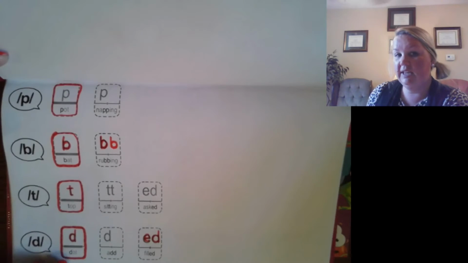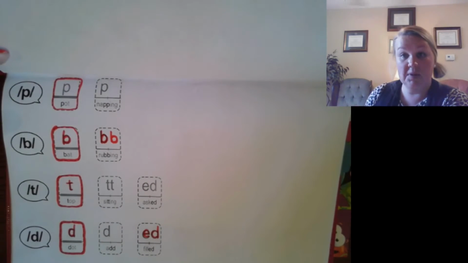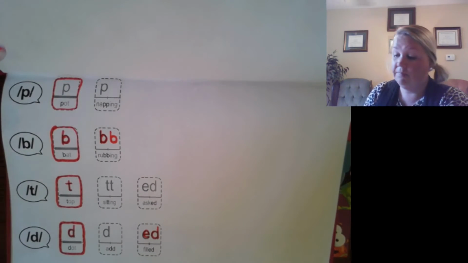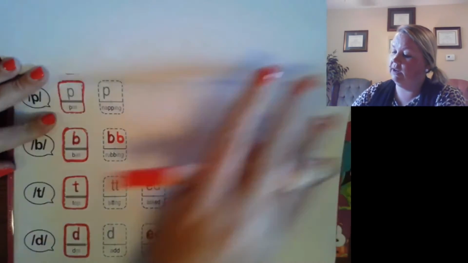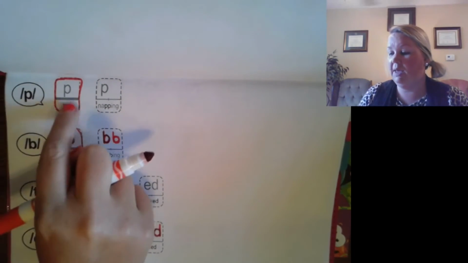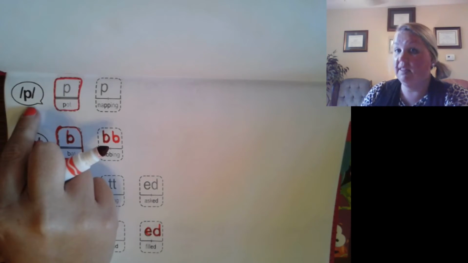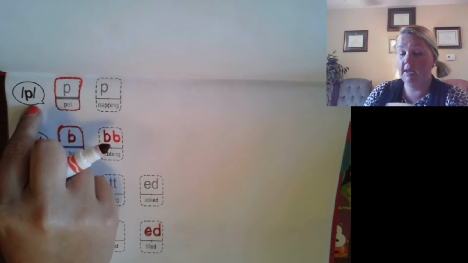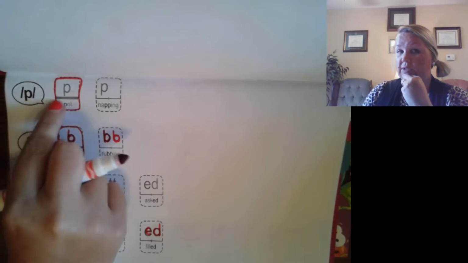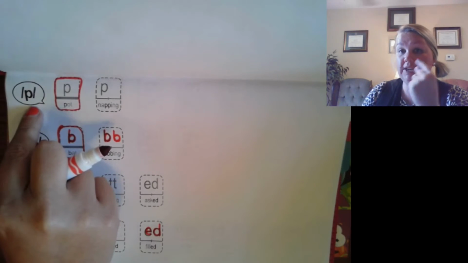So pay careful attention, because practice is what's going to help us understand these. All right, so let's get started. Remember, sound, spelling, example. I'm not going to stop and do your turn. We're going to keep going.